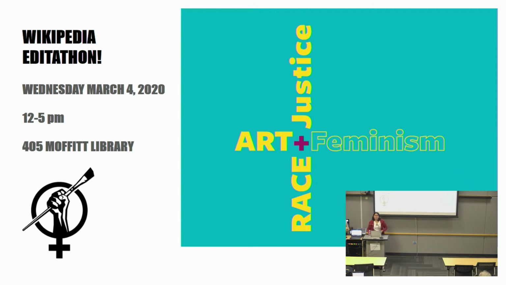Like I said, the American Cultures requirement is built around race, culture, and ethnicity in the U.S., building out a more complete narrative of what it means to be American in this day and age. In that vein, the edit-a-thon is also building out more of a reflection of who we are. The two themes we have this year, and have had for the past couple of years, are art and feminism, and race and justice. So it's really building out some of those pages.